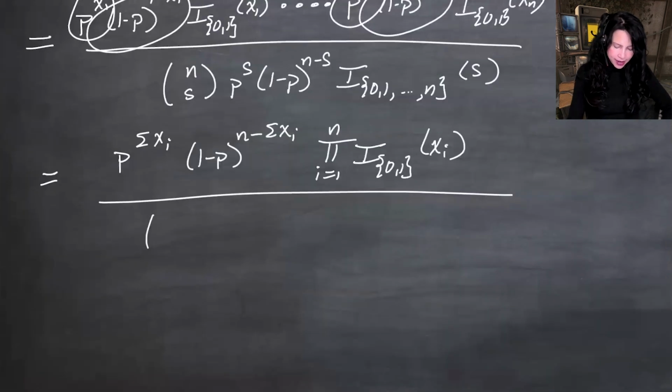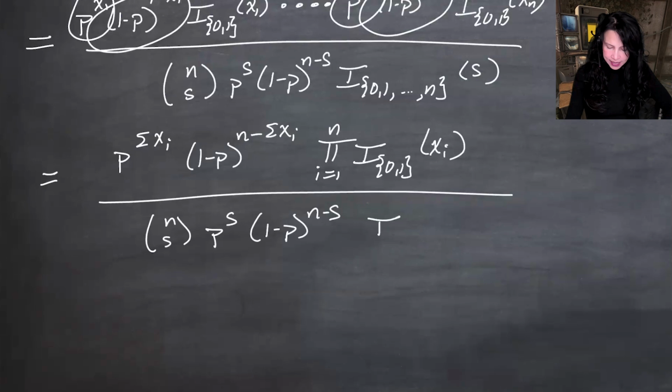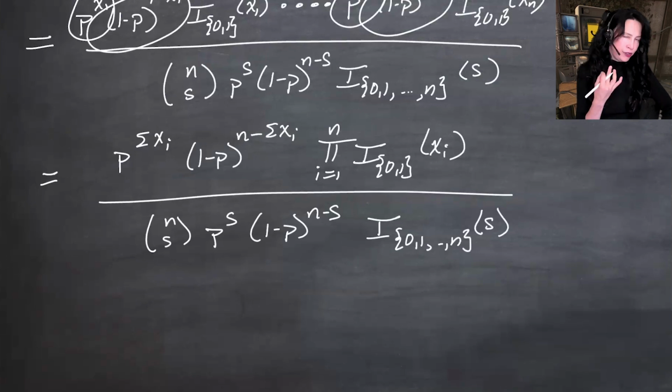And down here, I have n choose s, p to the s, 1 minus p to the n minus s, and then another indicator. And I don't care to get this to be something clean. I just want to get rid of the p's.